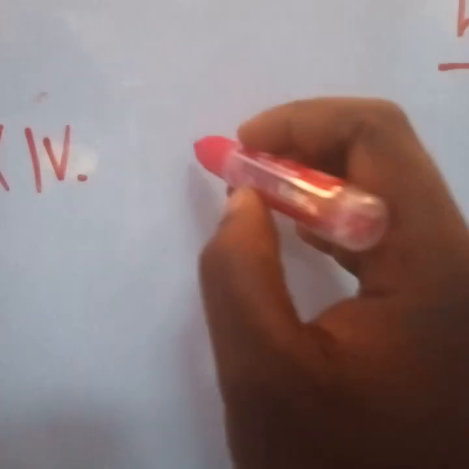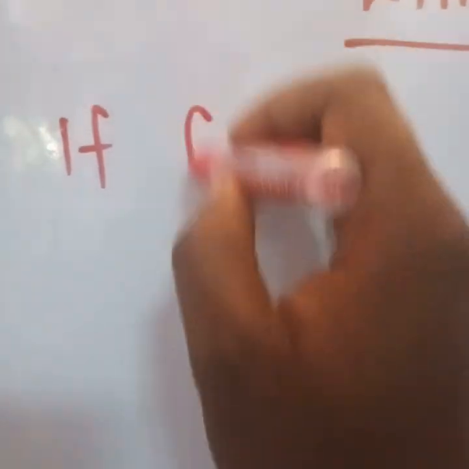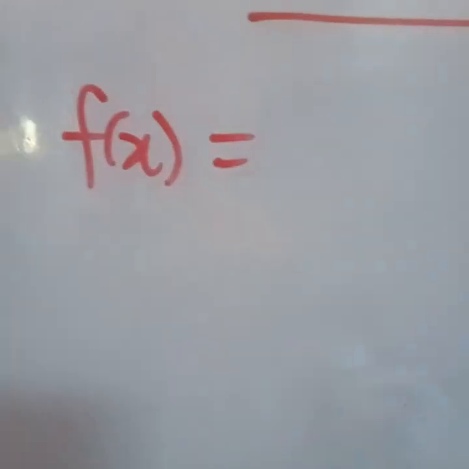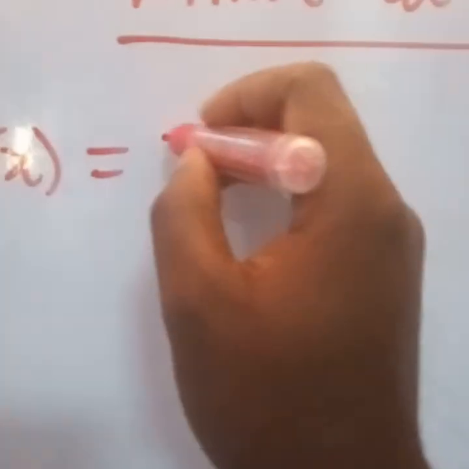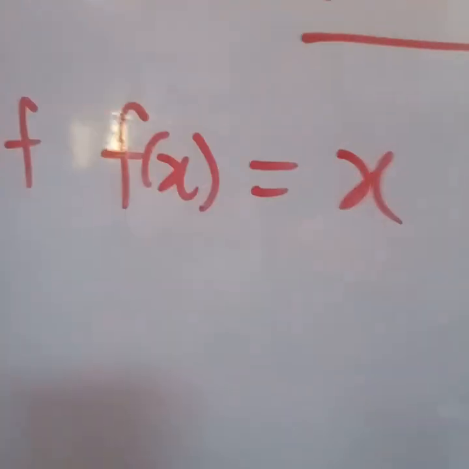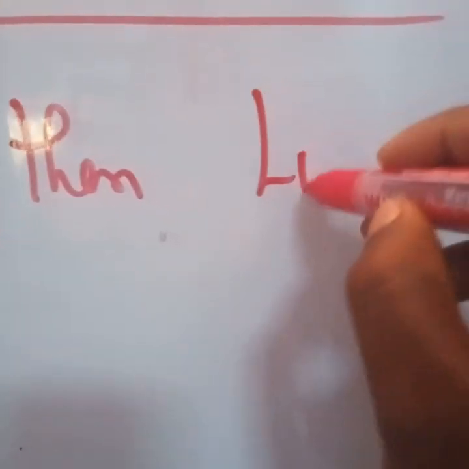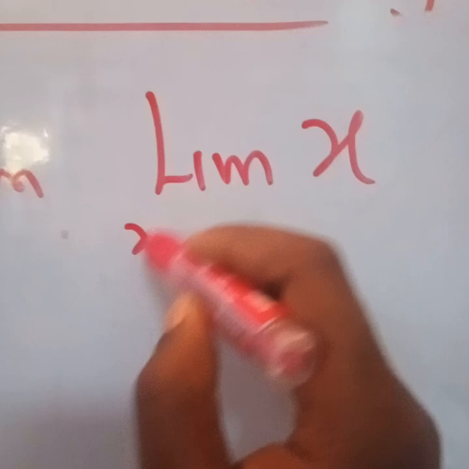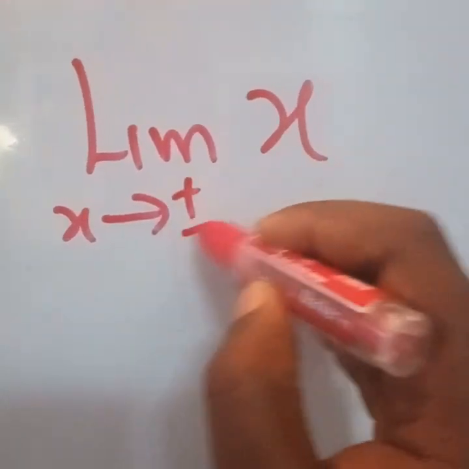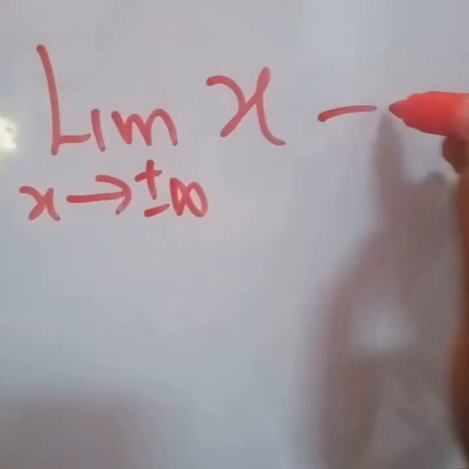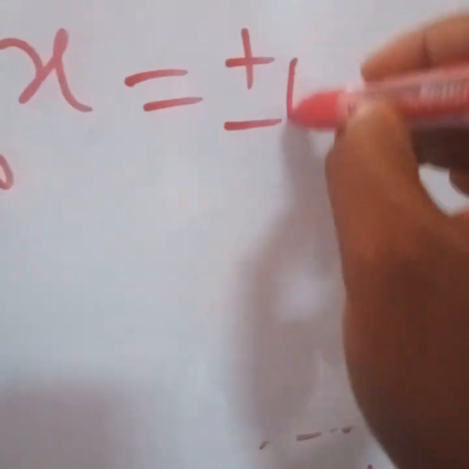Property 14 is a special limit under limit at infinity. This states that if f of x is equal to x, then the limit of x when x tends to positive or negative infinity is equal to positive or negative infinity.